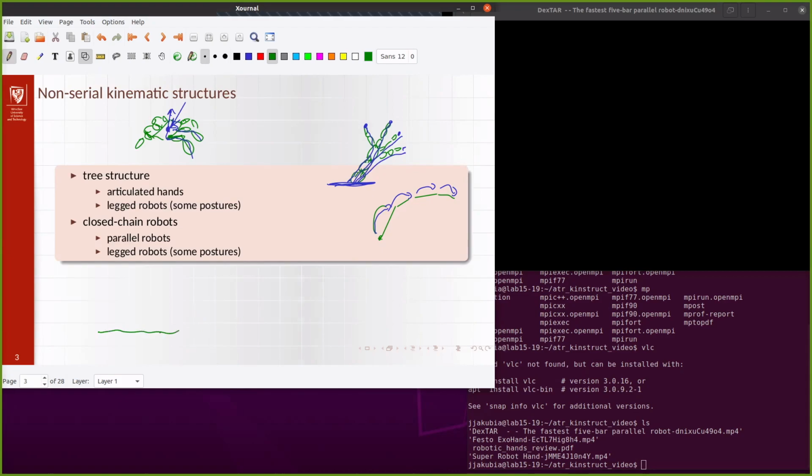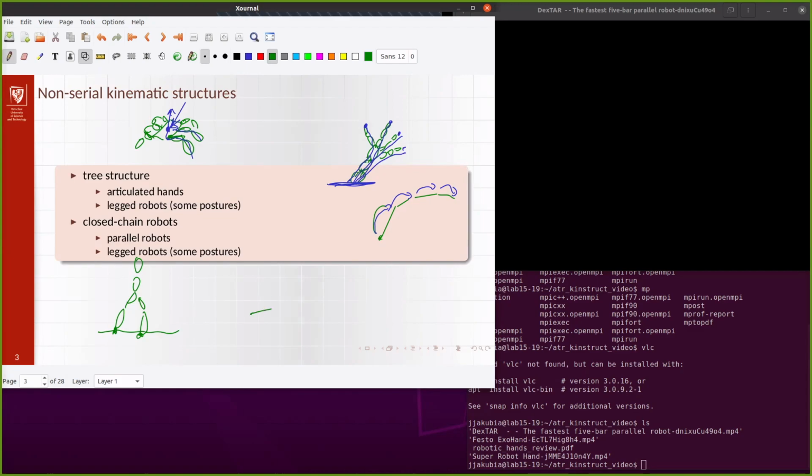So when we have the ground and we have, let's say, a humanoid walking robot, we have the torso, we have the legs, and the legs are attached to the ground in more than one point. Of course, during walking, they can change to the tree structure when they raise a leg, and then they can be again a closed chain when they touch the ground with two legs again.